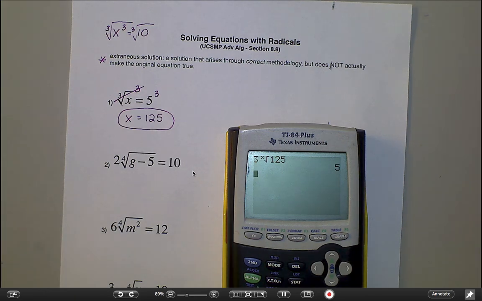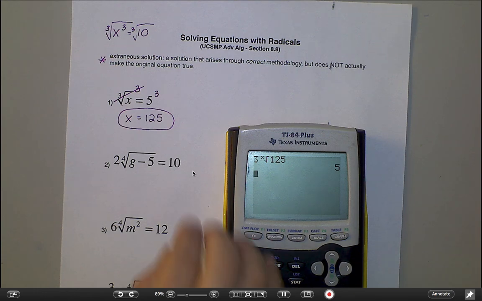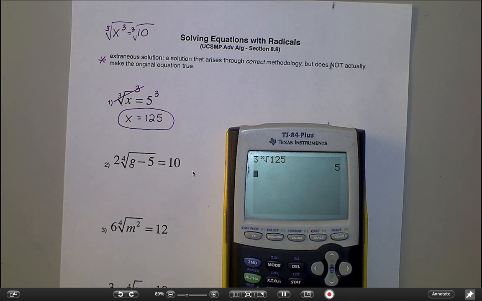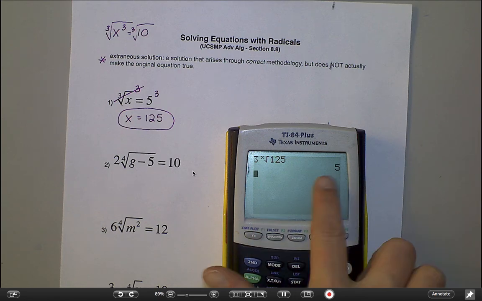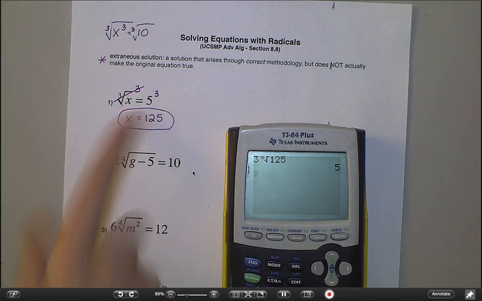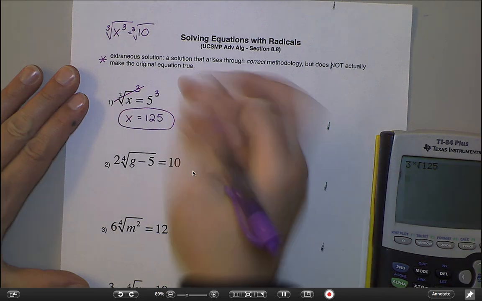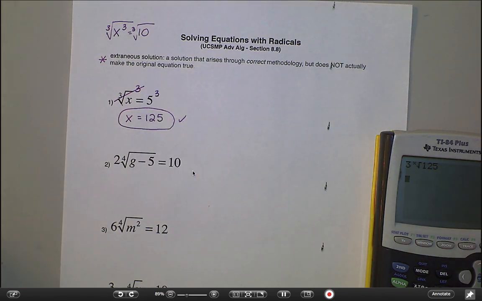Okay, there are going to be some things that look different on the older style versus the newer style of calculator, and I have both here. I'm going to show you both. Okay, but just be familiar with what calculator you have, and I would suggest, even though I realize you're just watching a video, that as I'm doing things on my calculator, you do them along with me, so you get used to typing these things in, okay? But anyway, we came out to 5, which is what we wanted to come out to, so that means that our answer checks out, okay? 125 is a valid answer here.